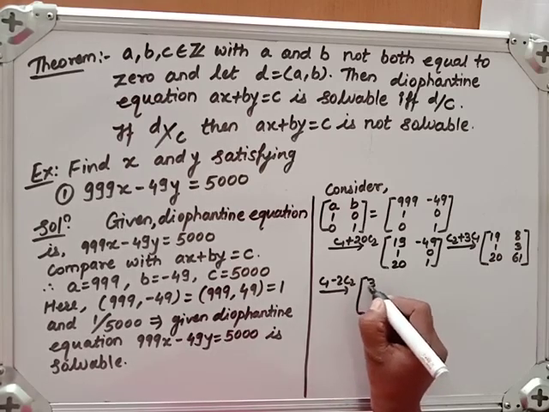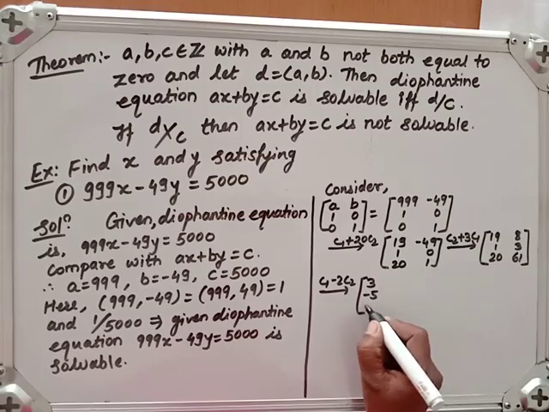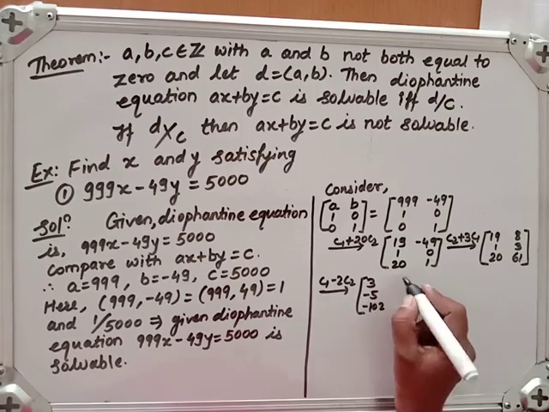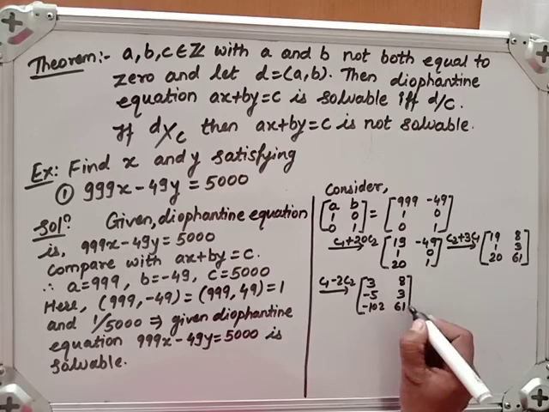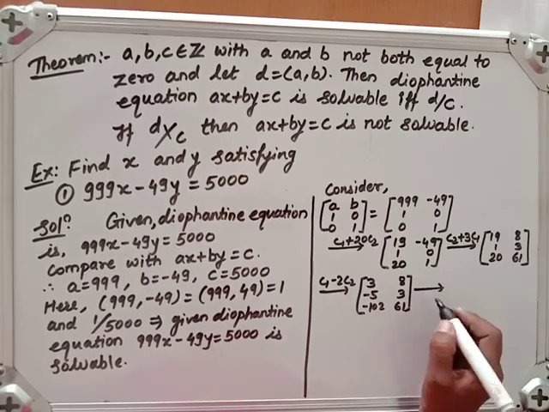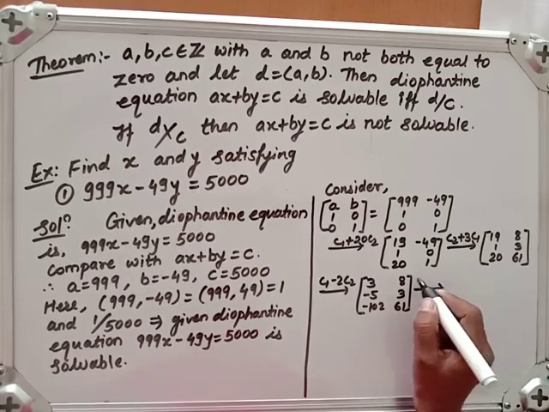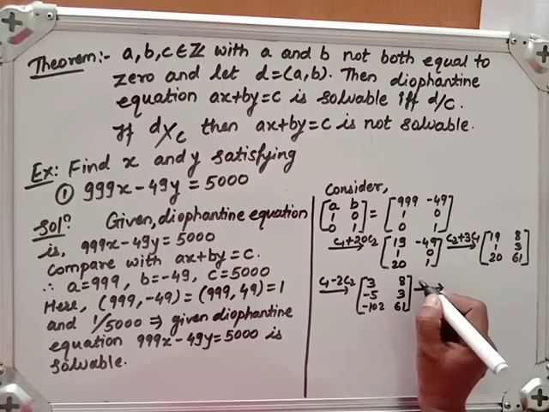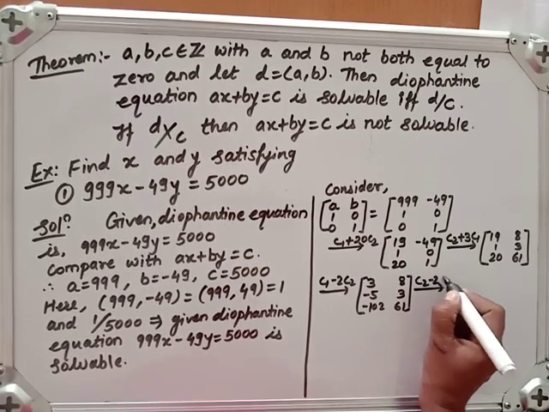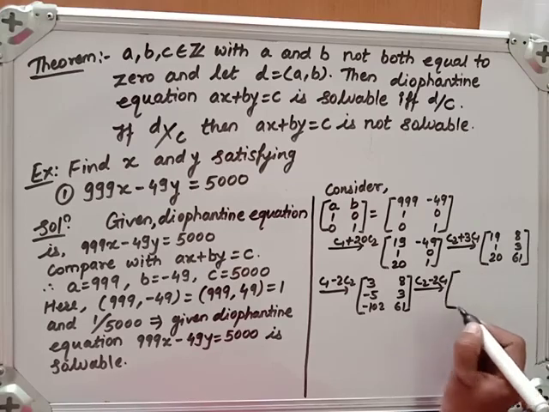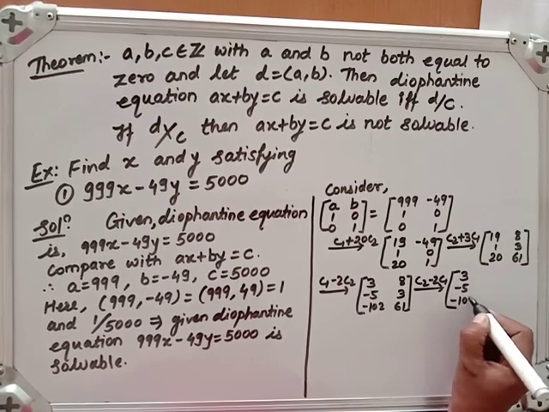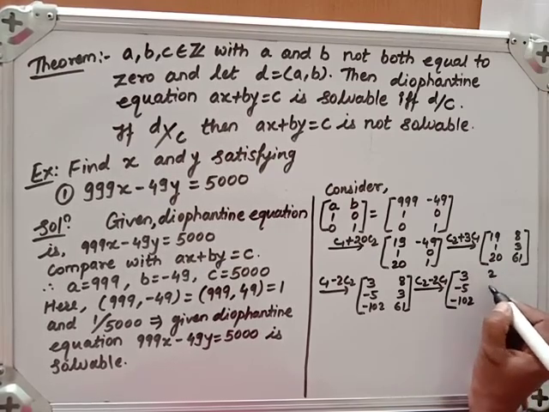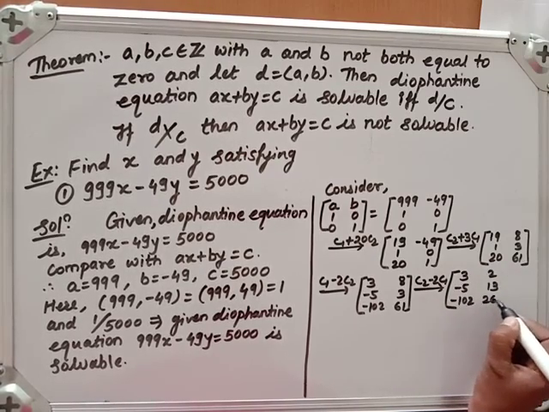C1 will be 3, minus 5 and minus 102. It will be 8, 3 and 61 as it is. Next, again the operation will be C2 minus 2C1. So it is 3, minus 5, minus 102. This will be 2, 13 and 265.